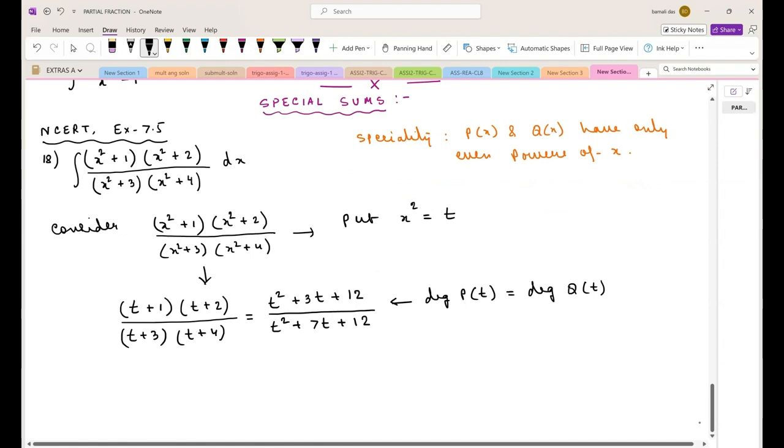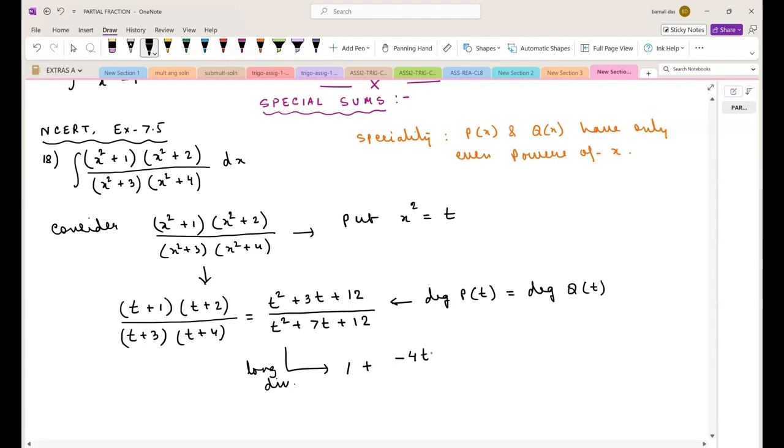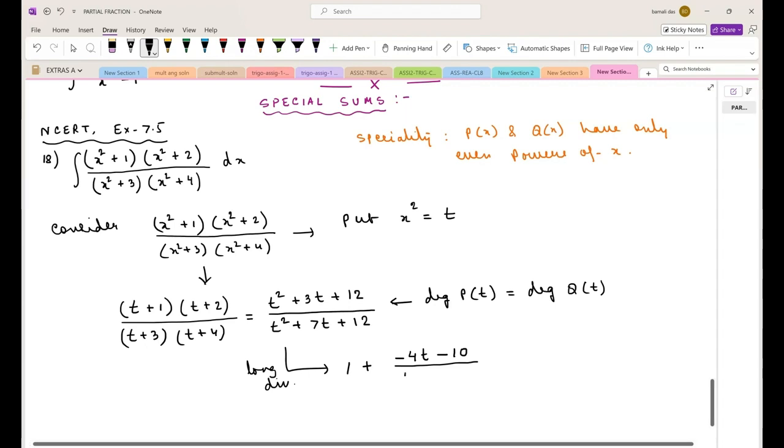To apply partial fraction, we cannot have degree equal. So naturally, after this, we will perform long division. So here we will perform long division, and after performing long division, it will become 1 plus (minus 4t minus 10) by (t square plus 7t plus 12).